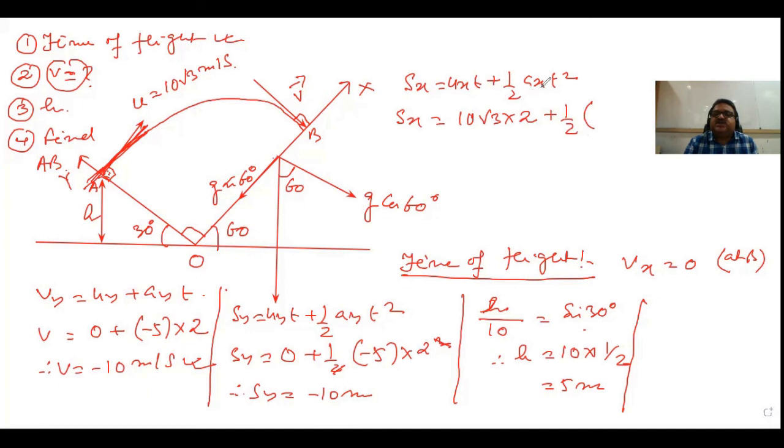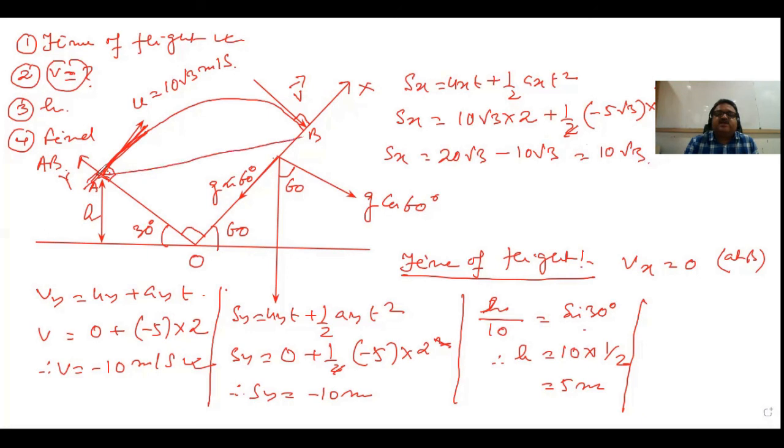Ax is actually this, g sine 60, that is minus 5 root 3. What is t square? T square is 2. Okay, 2 gets cancelled. Minus 10 root 3. That is 10 root 3.